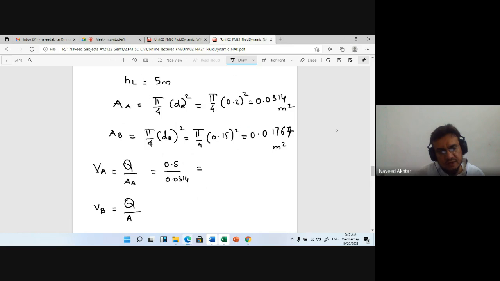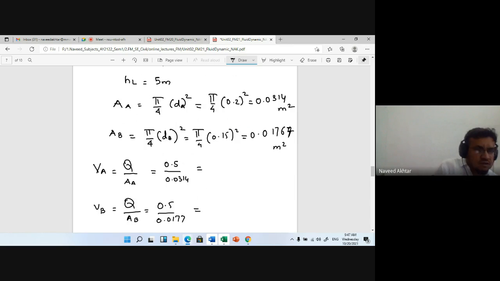So 0.5 divided by area at B, 0.0177. So you have to calculate both the velocities.